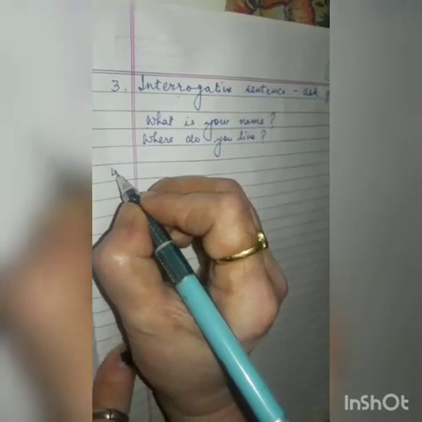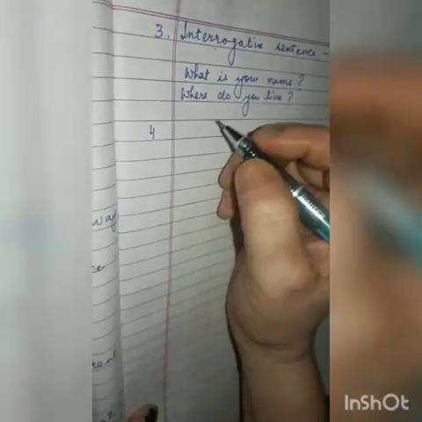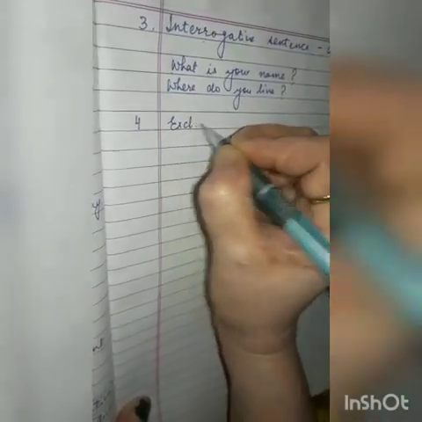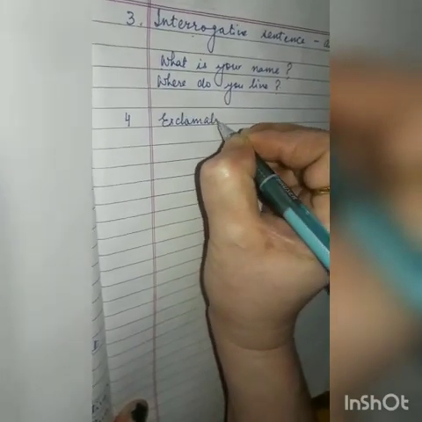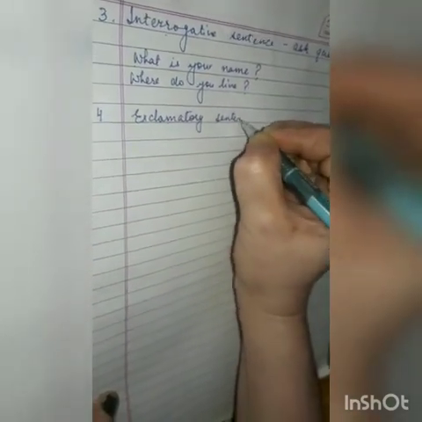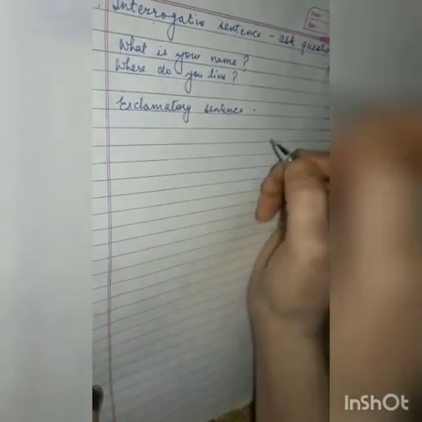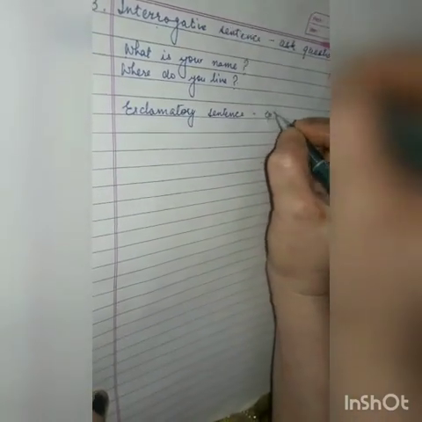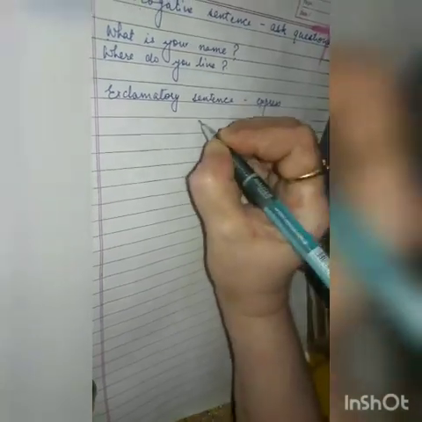The fourth kind is called exclamatory sentence. Exclamatory sentences are those sentences which express sudden feeling. These types of sentences express sudden feeling.